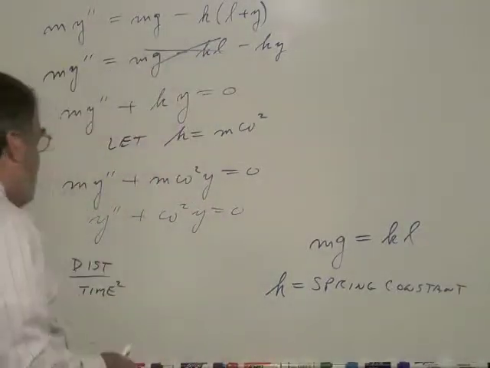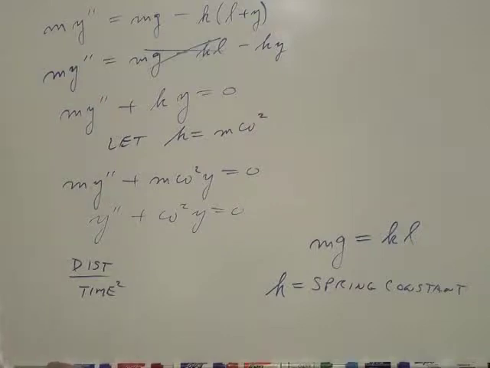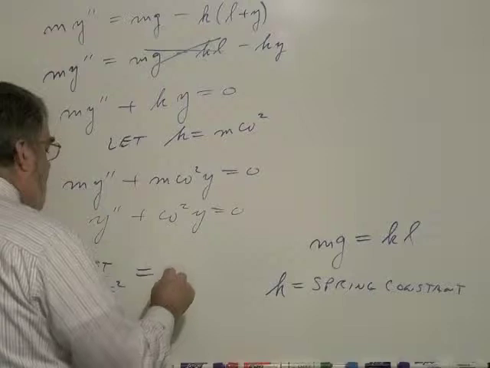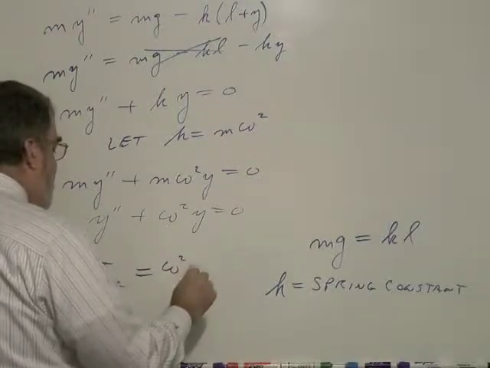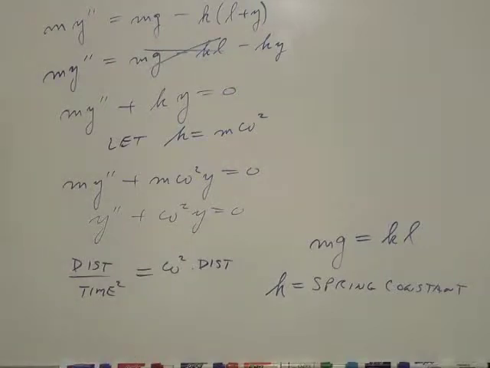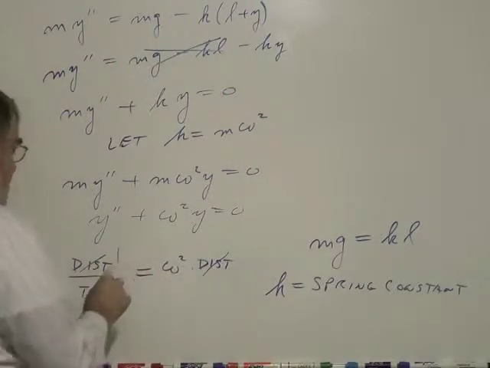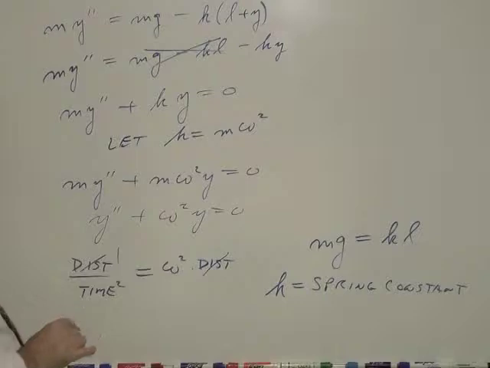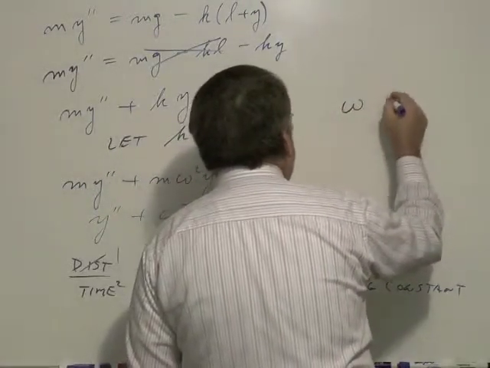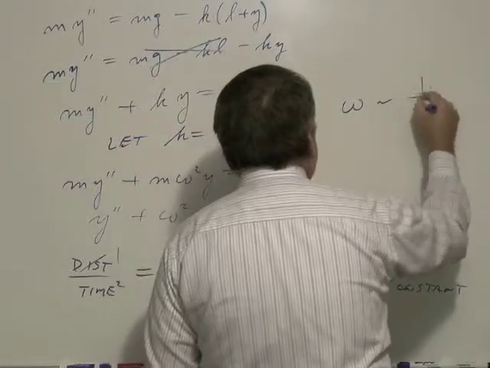Those are acceleration units. And over here I have omega squared times a distance, y. And so when we cancel here, omega squared is 1 over time squared. So the units of omega are 1 over time.